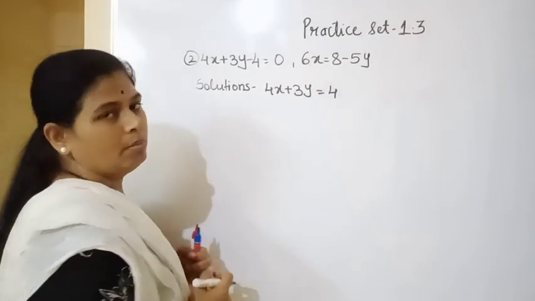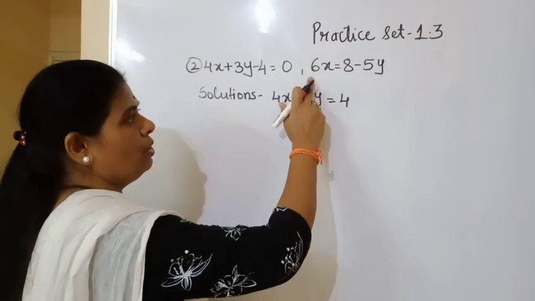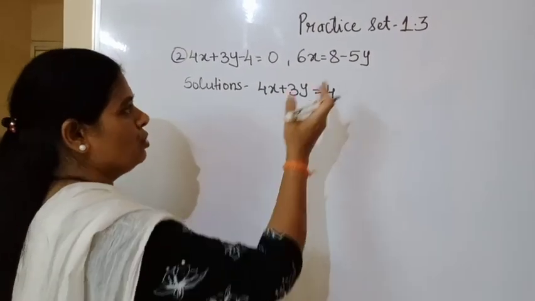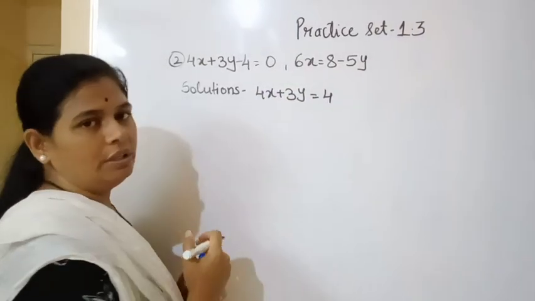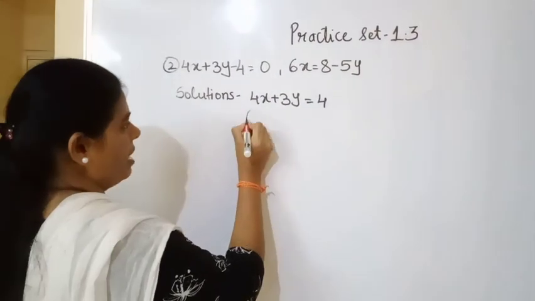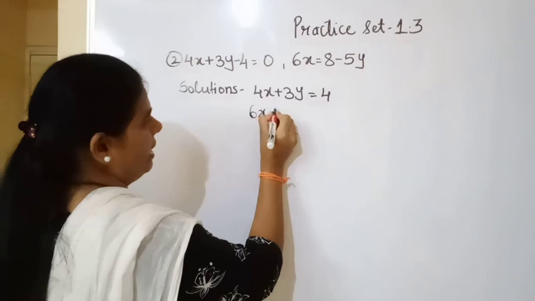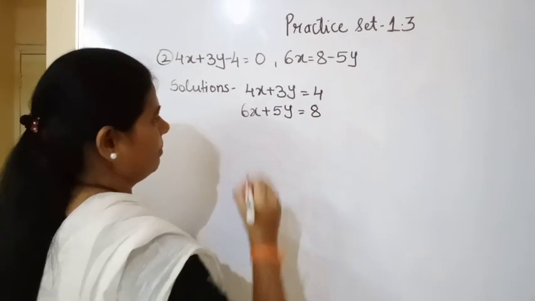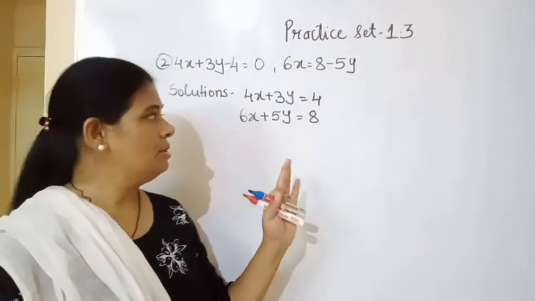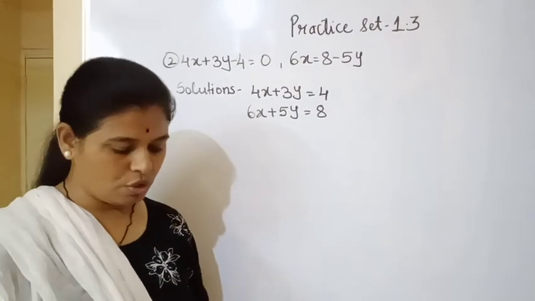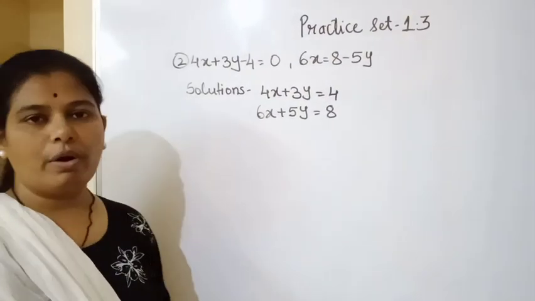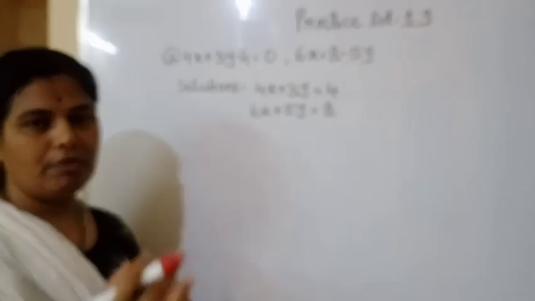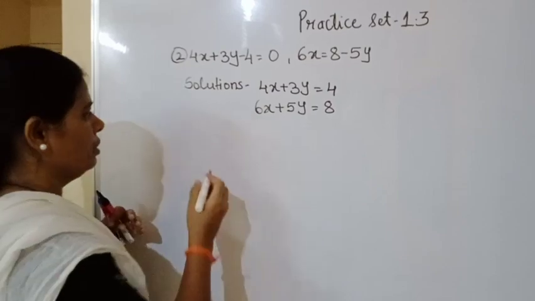Now see equation number 2: 6x equal to 8 minus 5y. The minus 5y will move to the left side and it becomes 6x plus 5y equal to 8. Now we have finished arranging both equations. Now what we have to do? We have to pick out the values of a1, b1, c1 and a2, b2, c2.